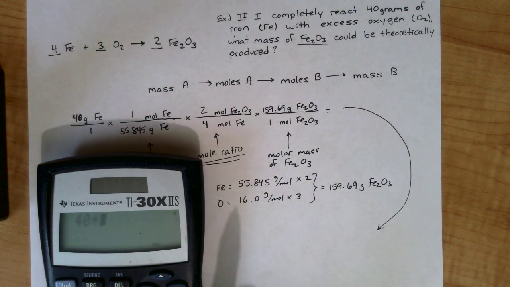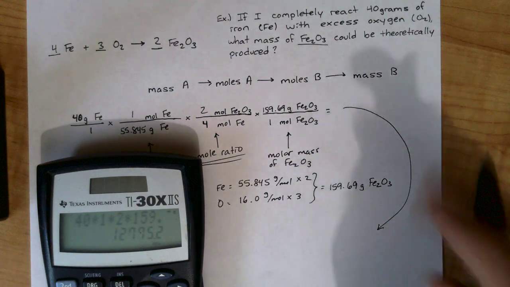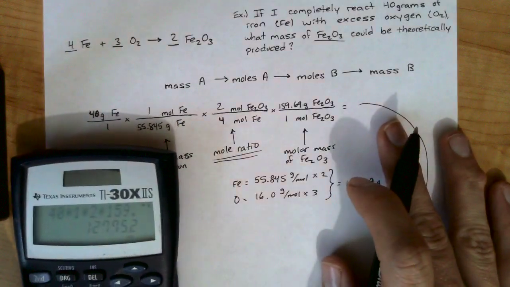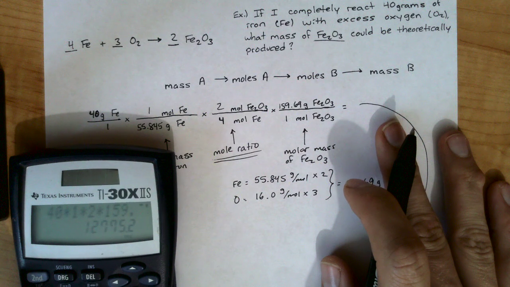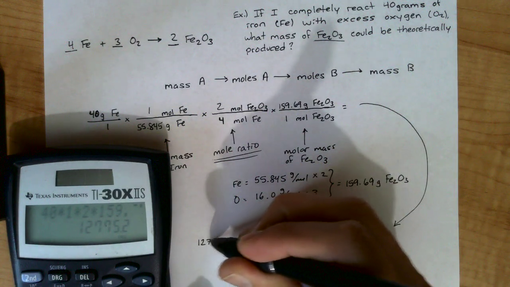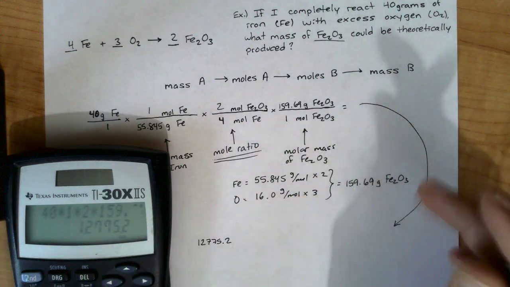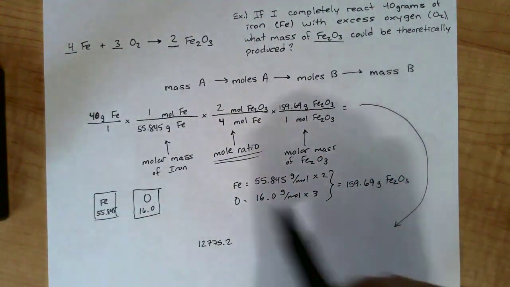You know that. It's 40. And then you multiply that by 2, and then multiply that by 159.69, which I can't do that kind of math in my head. This is going to be a very big number, 12,775.2. Now, all of the units come with as well.